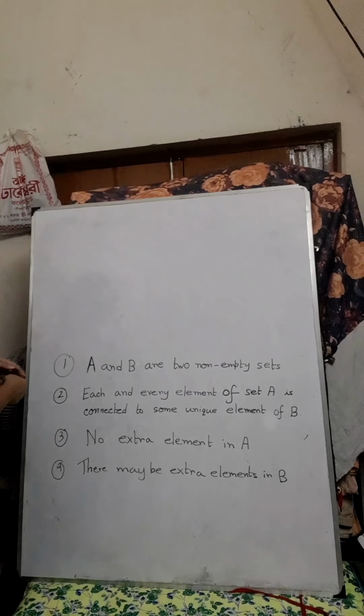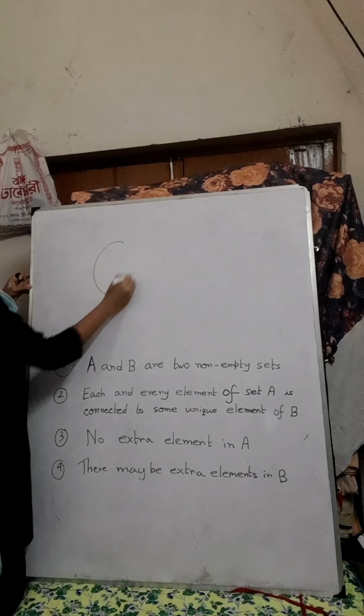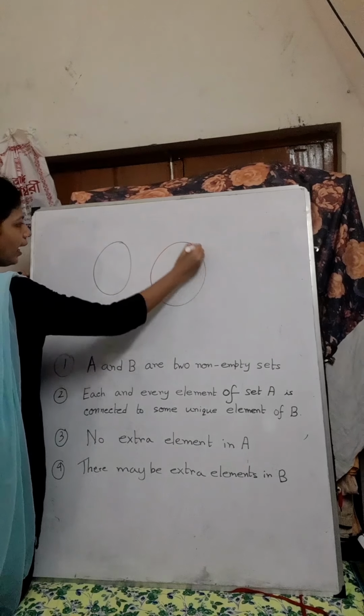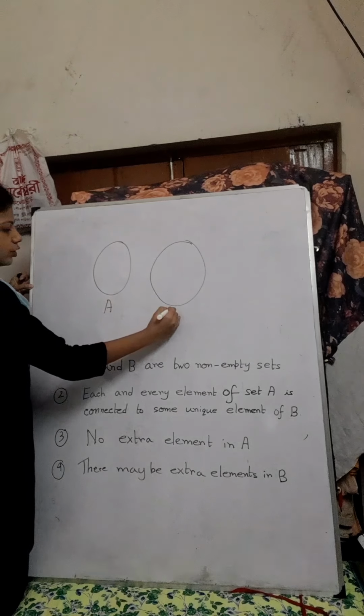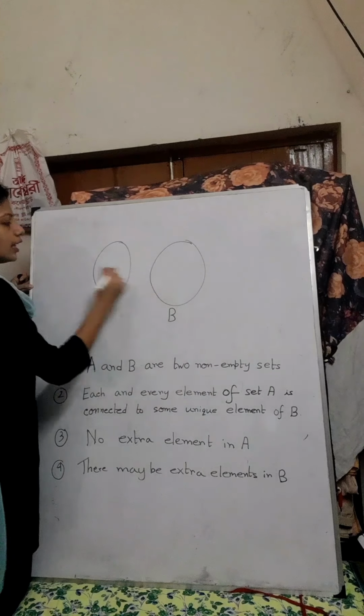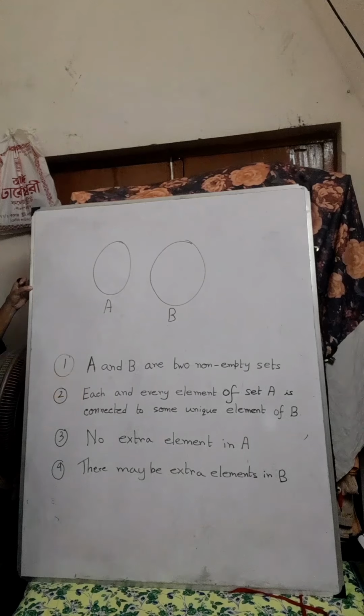Now here I will say what is function. Number 1, it is given that A and B are two non-empty sets. So I will take two sets here and both of them should be non-empty, A and B. You know that non-empty means there will be at least one element.